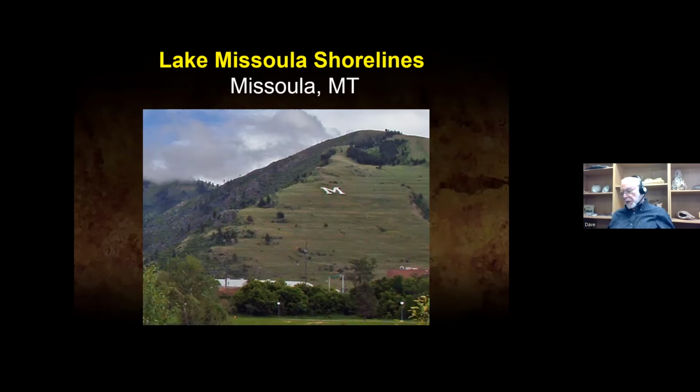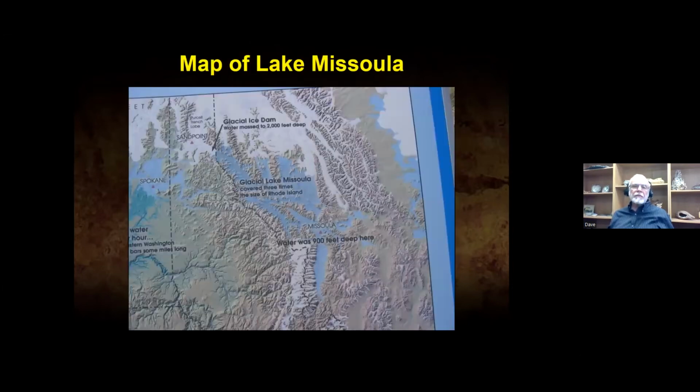And then the research started showing that sure enough, there was an ice dam that blocked a certain portion of the Columbia River, way up there, and formed this huge glacial lake, Missoula, that would have drowned Missoula's present position to a depth of 900 feet.